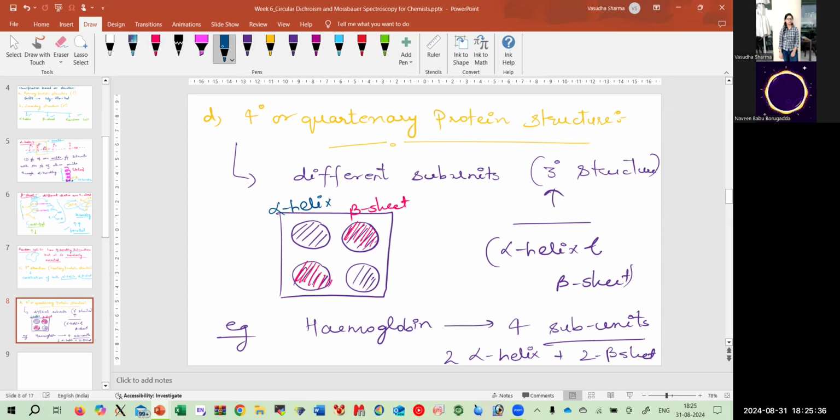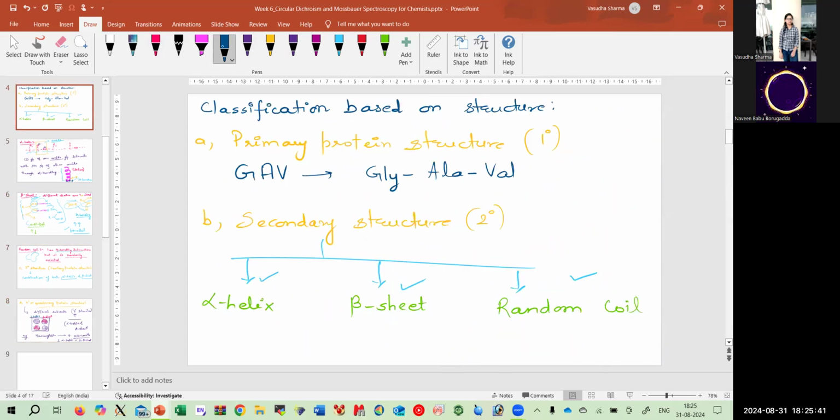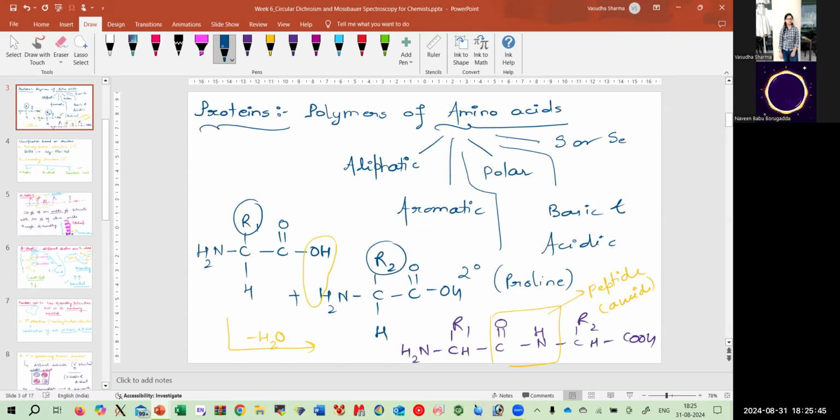So this was about the different structures that we have for proteins. We talked about the primary, secondary, tertiary, and quaternary. We've already discussed the amino acids in our previous session.